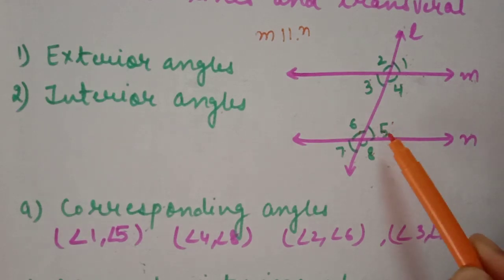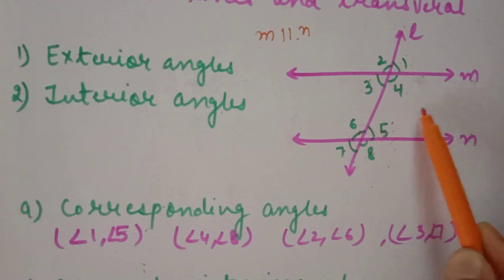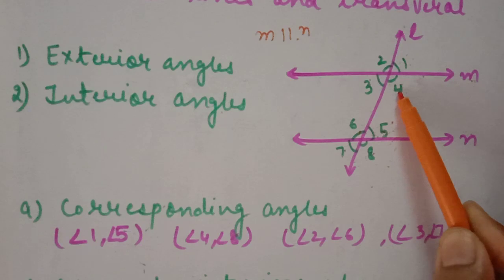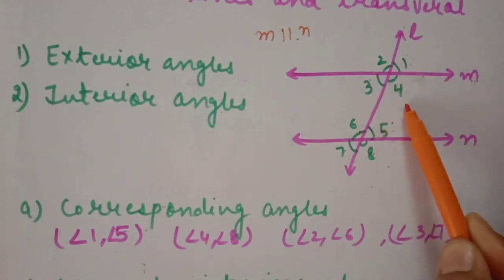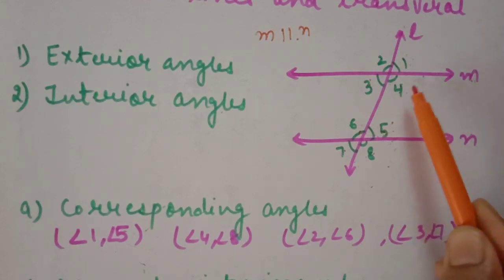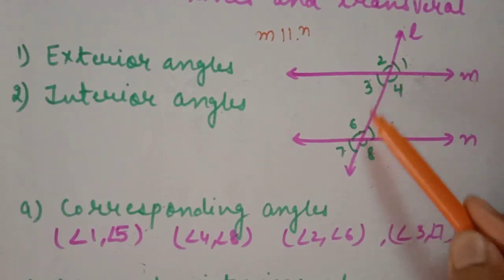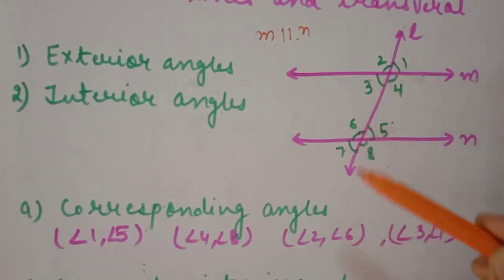Co-interior angles are those angles which are present on the same side of a transversal in the interior part of two parallel lines, and the sum of these two angles is 180 degrees. The first pair of co-interior angles is angle 4 and angle 5, because they are in the interior part and on the same side of the transversal line, and their sum is always 180 degrees. The second pair is angle 3 and angle 6. They are also co-interior angles and their sum is 180 degrees.